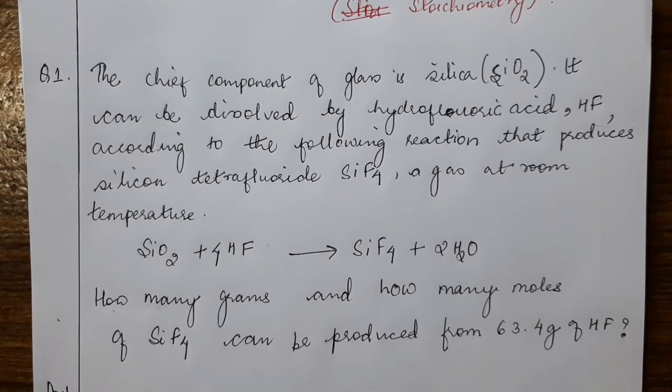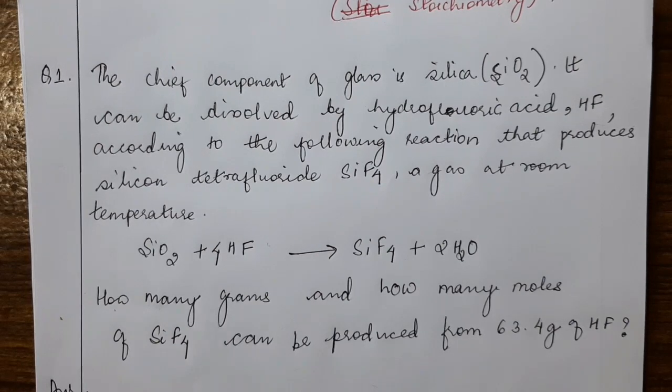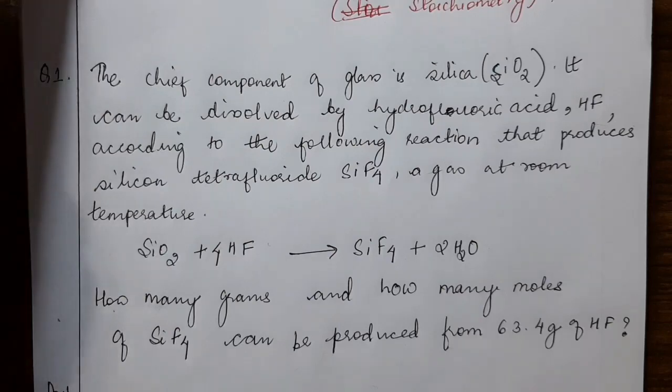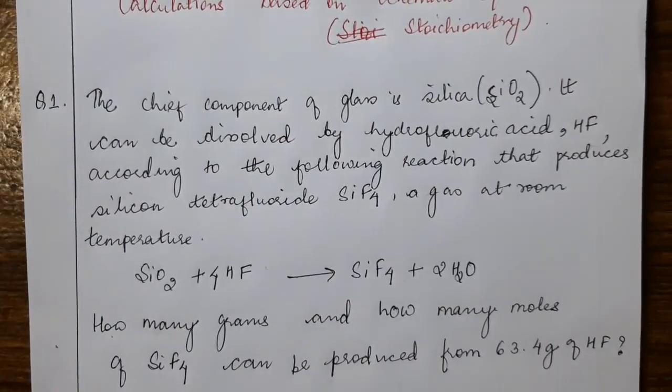So there will be questions relating mass, where the mass of one component is given and you find the mass of the other. Sometimes there will be mass-volume questions, where mass is given and you find the volume, or volume-related questions, where volume is given and you find the volume of the other. Let's try to understand this, and you have also done this in class 10.